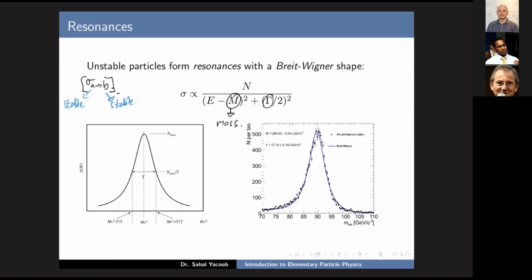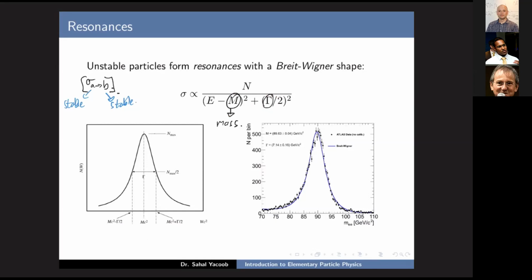So when we create these intermediate states, for them to kind of exist, they have a defined mass, and then the cross-section for having them be created and then decay depends on their mass and their width, this gamma parameter.